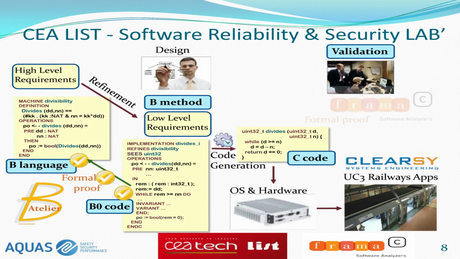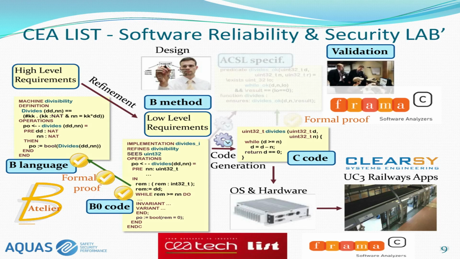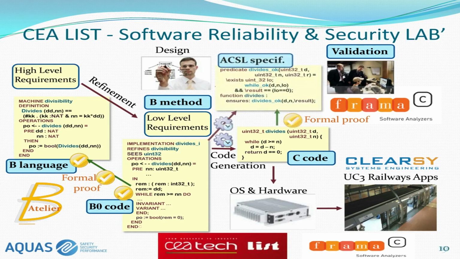The objective of the interaction between Frama-C and the AtelierB is to reach the same level of confidence for the generated C code. Formal proofs can also be done by Frama-C, ensuring that the final C code complies with the B0 requirements, assuming that these requirements are translated into ACSL specifications.